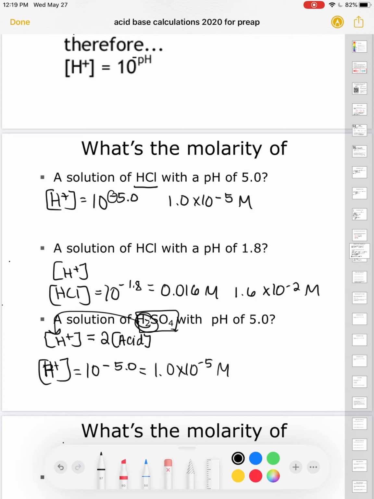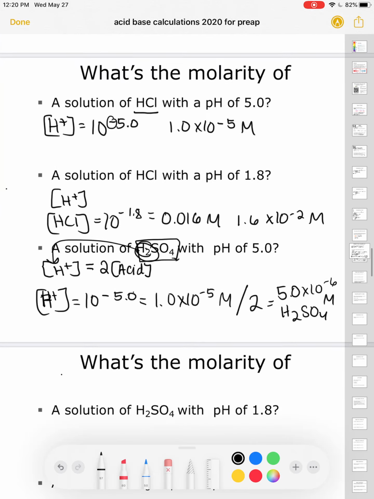My sulfuric acid concentration is half of that, because I got twice as much bang for my buck. For each H2SO4 that I put in, I got twice the amount of H's. So I'm actually going to take that and divide it by 2. Then I'm going to get 5.0 times 10 to the negative 6 molar. That's the concentration of H2SO4.